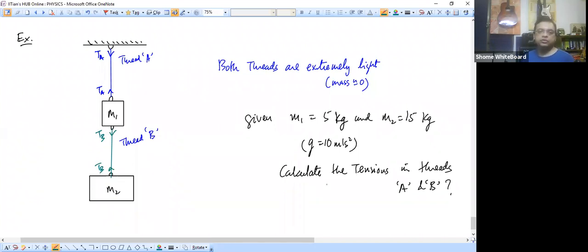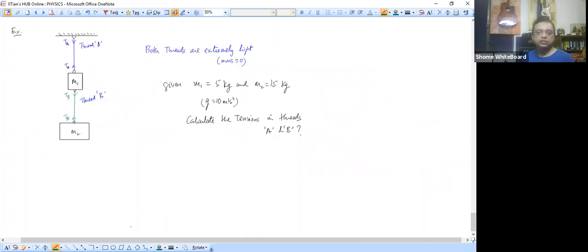Okay. So now given this situation, if we look at the forces which are acting on the block M1, for example, and the forces which are acting on the block M2, for example, just from the above diagram, you can see on M1 and M2. I'm just showing them side by side, even though they are actually placed like this. So on M1, there is an upward force of TA.